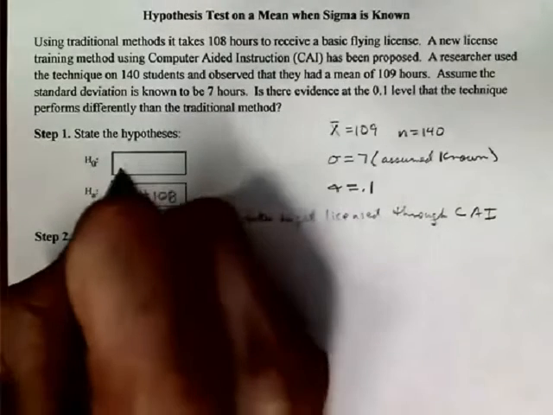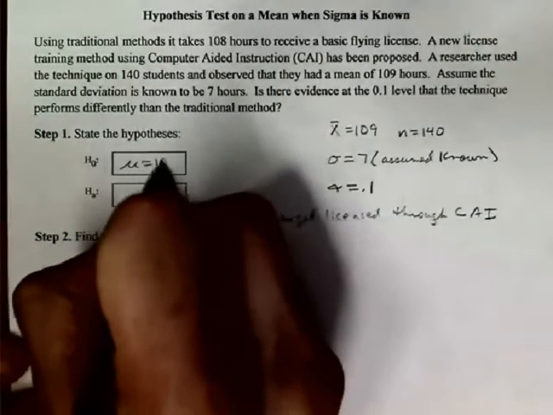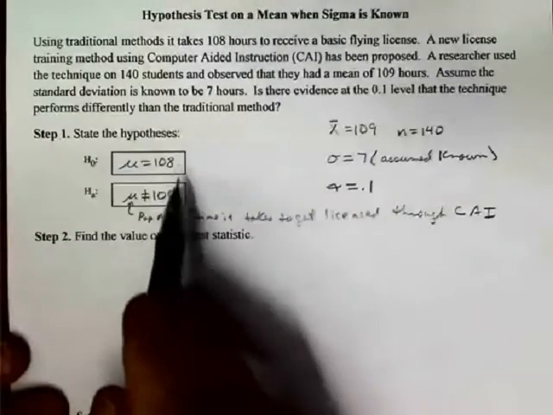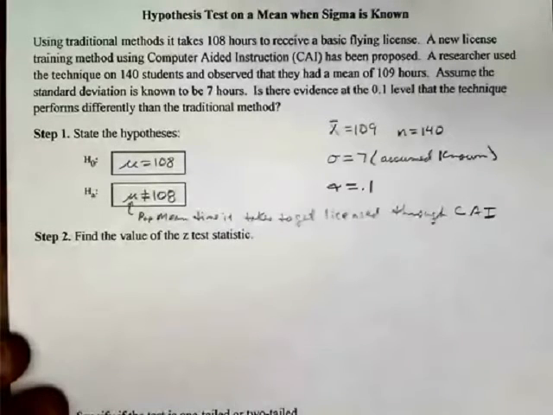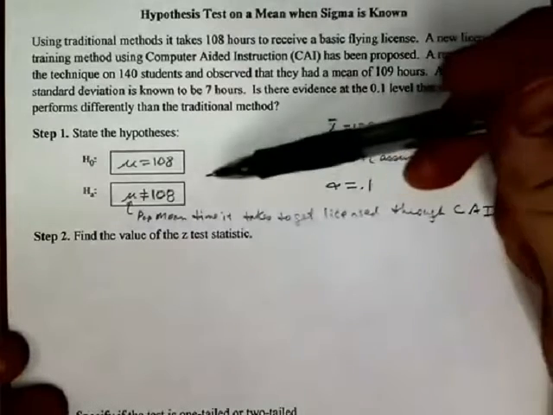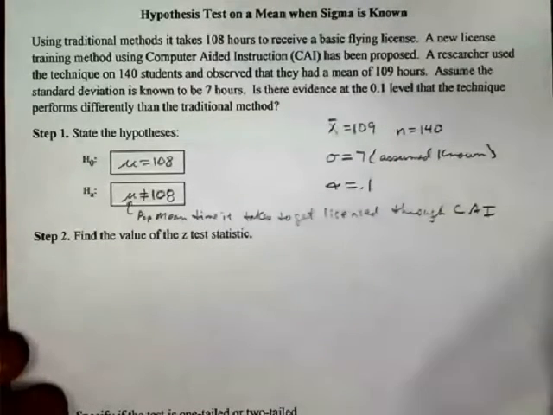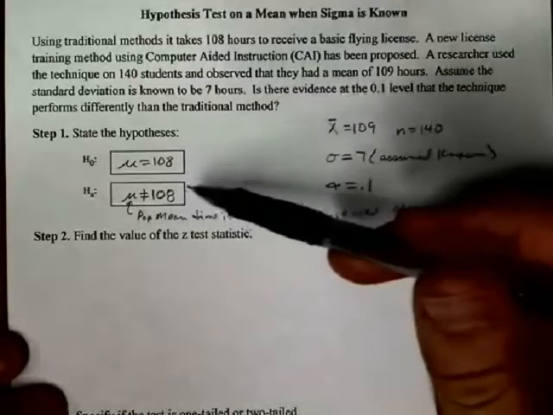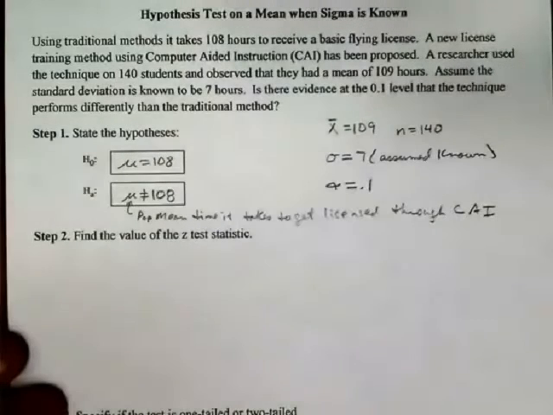And that would mean the null is that mu is 108. Recall that these are complements of each other. Setting up the hypotheses has to be done correctly or the rest of the problem is wrong. The claim we want to test goes in the alternative hypothesis.